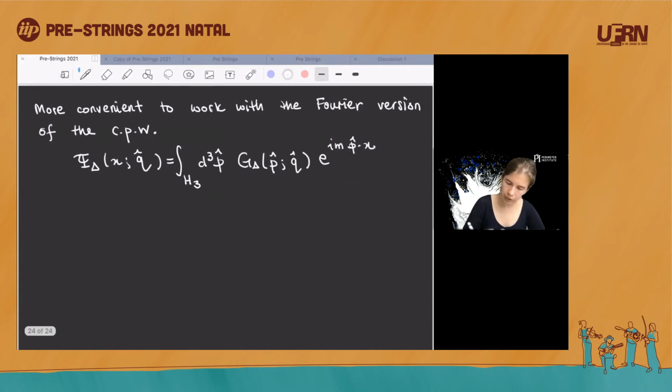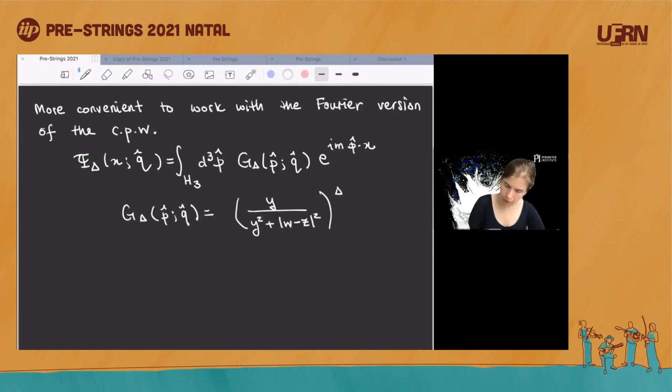So here, let me define what the functions are in this formula. G_Delta(p hat, q hat) you may be familiar with from AdS/CFT. This is a bulk-to-boundary propagator in AdS3, which can be written in this way.